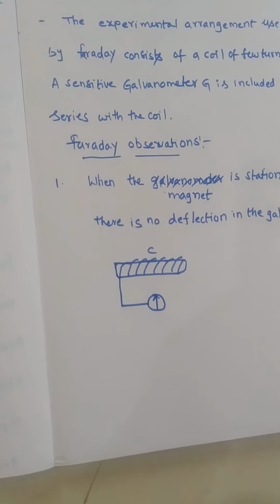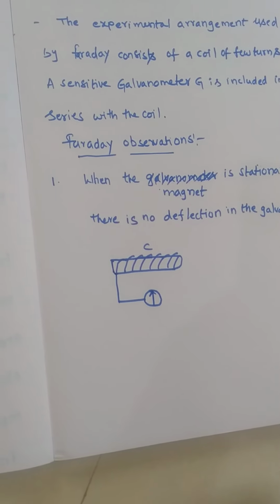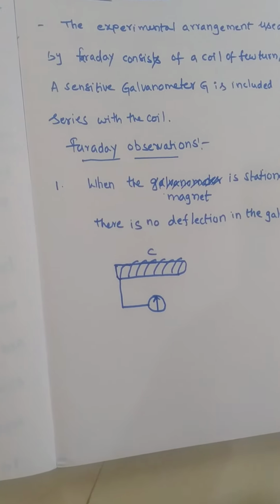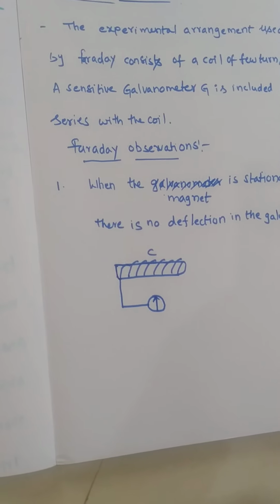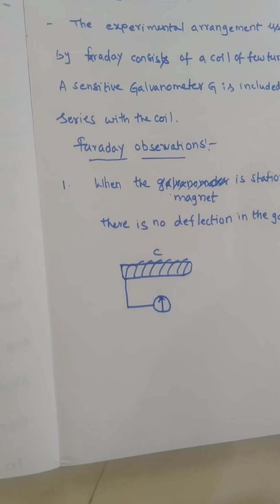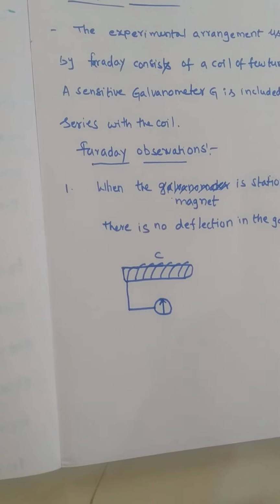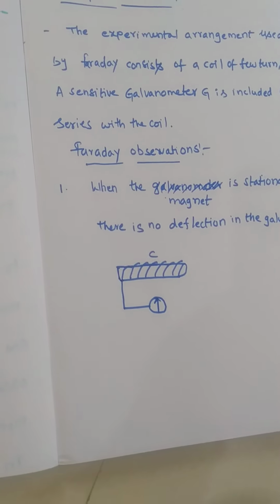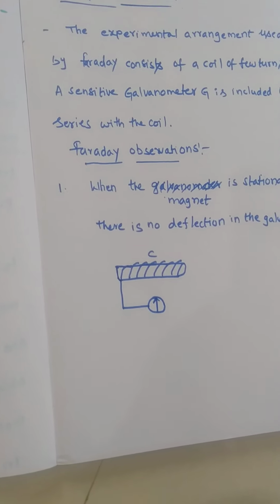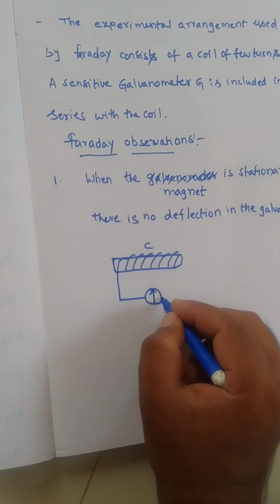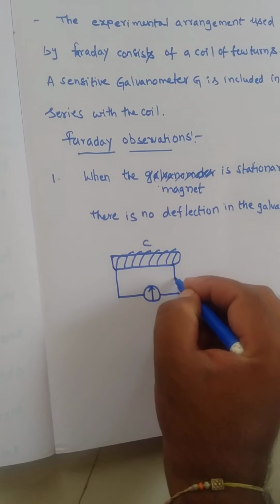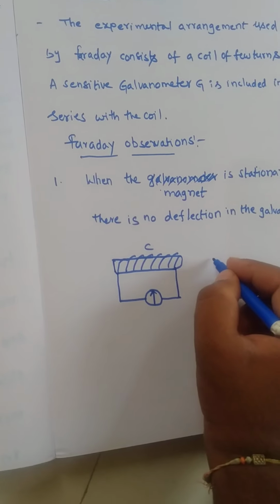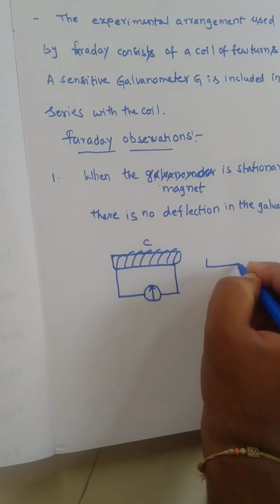The galvanometer generally gives the values of current. For example, in the experiment we use the galvanometer to give the values of current. It is connected to this coil, and this is a magnet, north pole to south pole.